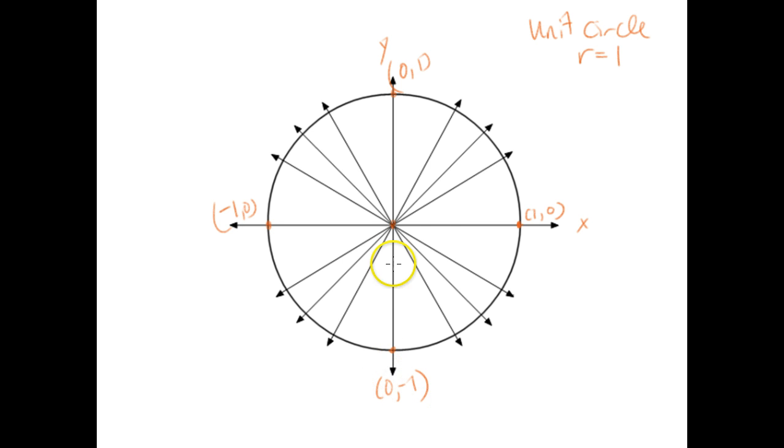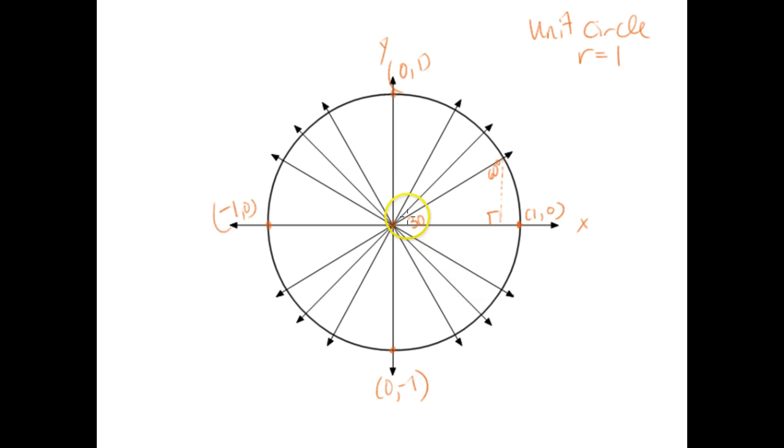To find the others, we can use the idea of right triangles and 30, 60, 90 triangles. I won't do it for all of them, but this right here is a 30, 60, 90 that we can create.